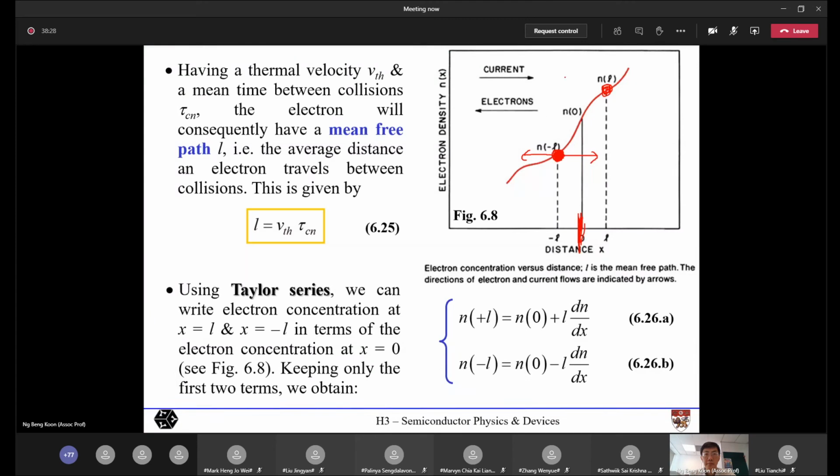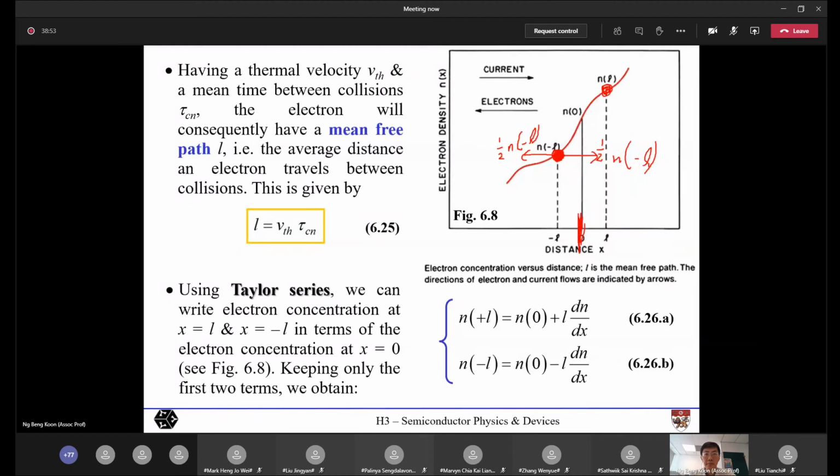And how much will flow left and right? Because it's a random thermal process, what you expect is that half of n of minus L is going to flow left, and the other half is going to go right. The one that goes right is going to give you the current, from carriers at x equals minus L.